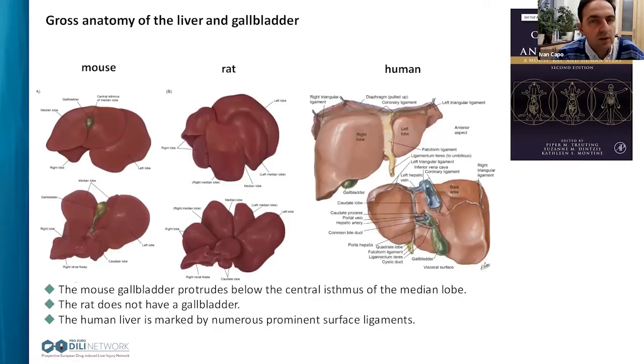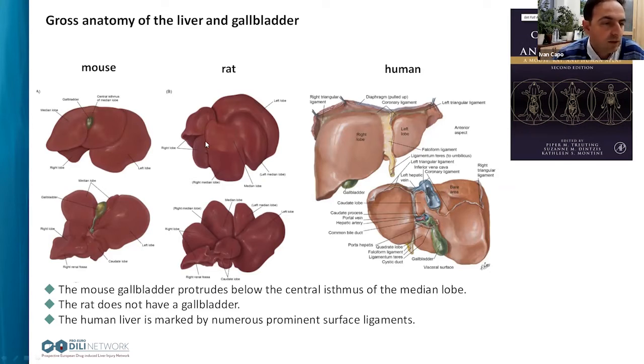Microscopically, for example, the gallbladder is not present in the rat, which is very interesting when you are trying to make a model, because we cannot expect it in rats, so we can just use the mouse.